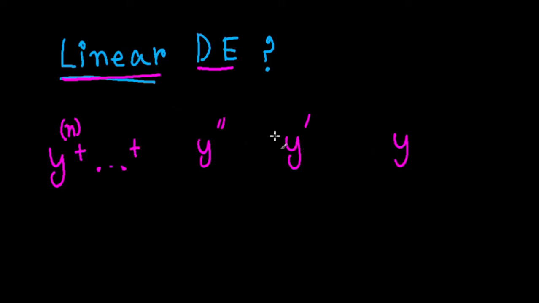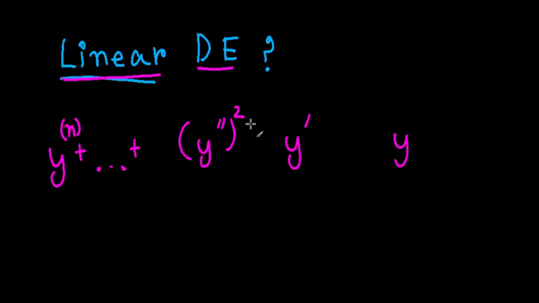Basically what I said is, the y's and the derivatives of y cannot be present as products of themselves or each other. So you cannot have a y squared here, that's not allowed. You cannot have y times y prime, that's not allowed. For y double prime, you cannot have this squared or multiplied by y.